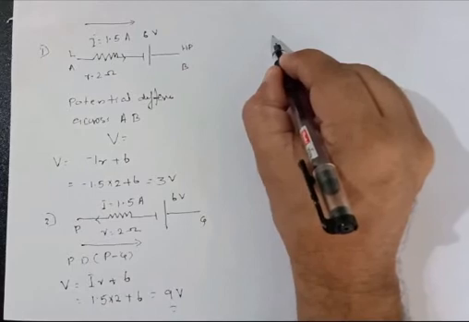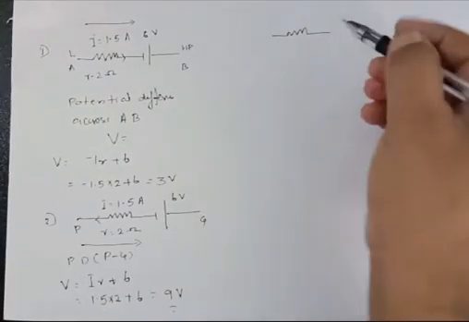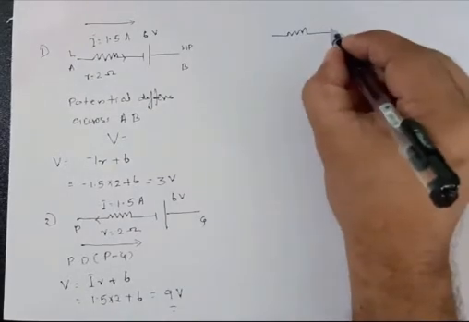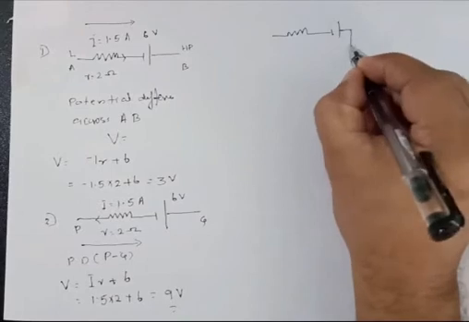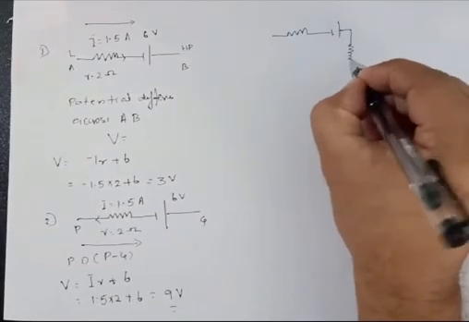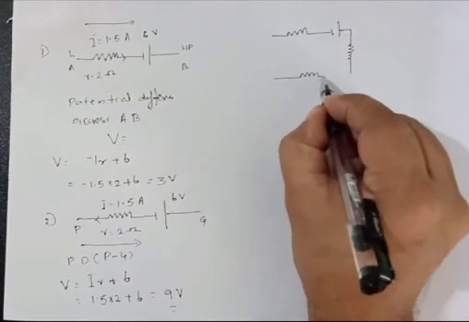We will have a circuit with several resistors. Okay, I'm going to draw it. I can add a couple of cells in here and then let us have a resistance in here. I can add many things, doesn't really matter. This is not a real circuit.